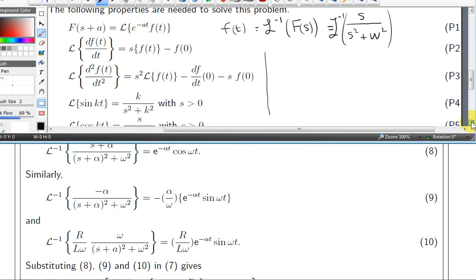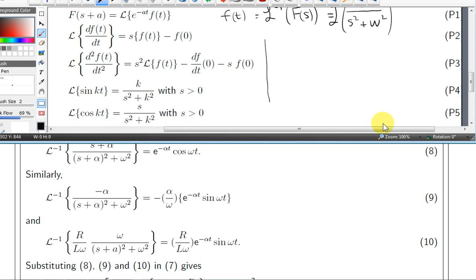Now, comparing to our rules here, we want something of this form here, constant on top, because alpha is a constant, and something of the form s squared plus a constant squared in the denominator. Well, that's what we have, except s has been shifted by alpha.